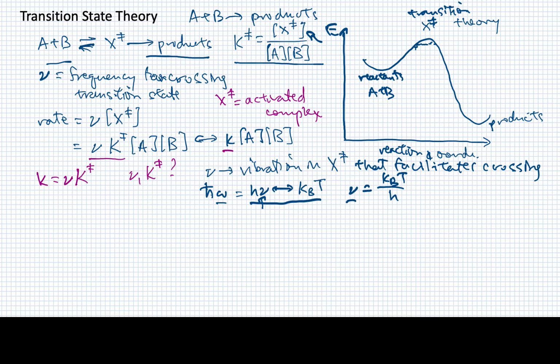Now the other thing that we need to do is somehow define this quasi-equilibrium constant. It relates to a process that starts in one state and ends in another state. So it's really not too different from the sorts of equilibrium constants that we were talking about in module 6.